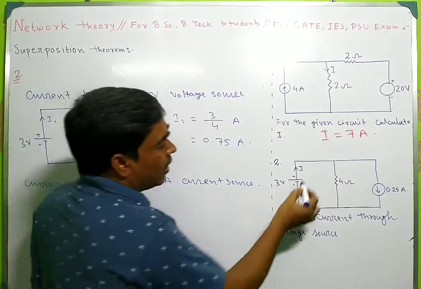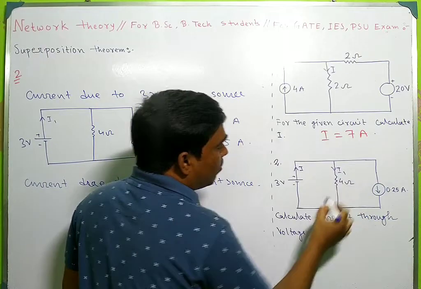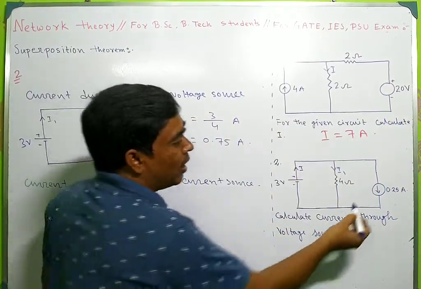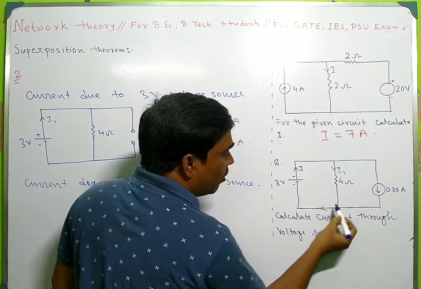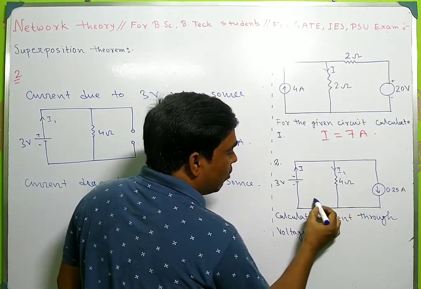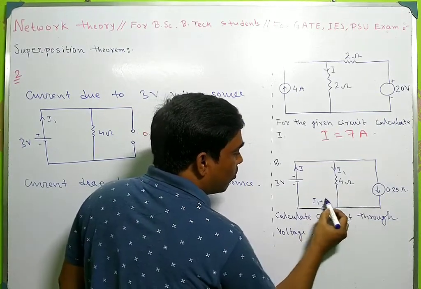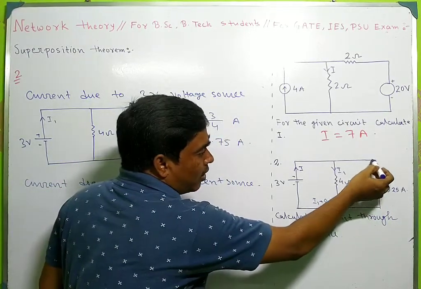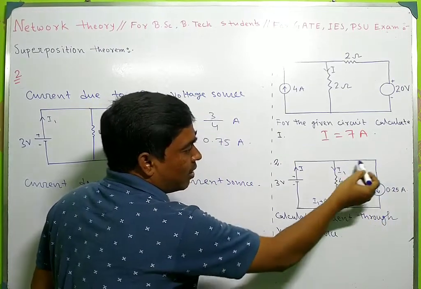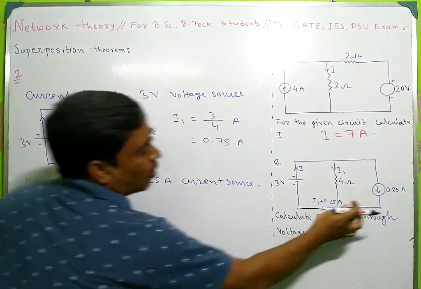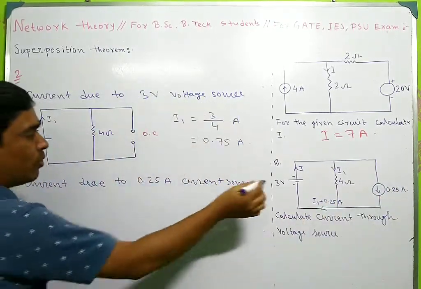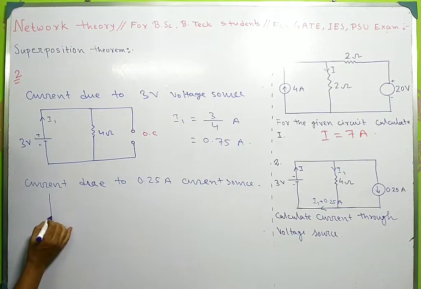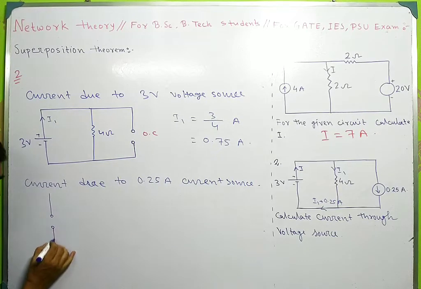So here this I1 is given, direction is given in this direction, and here is in this direction. So this current will be I1 plus 0.25 ampere, because of the current due to this current source. So if you redraw the circuit, it will be in this fashion.